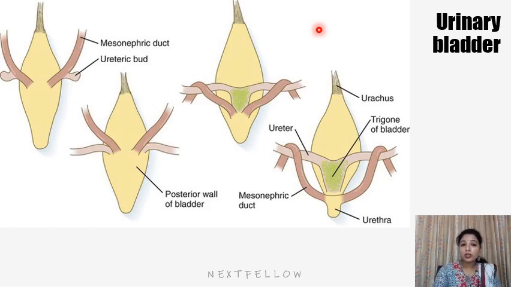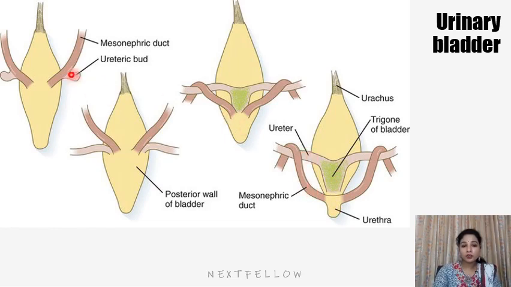The lower end of the mesonephric duct becomes incorporated in the posterior wall of the bladder, forming the internal trigone. You can see this part forms the internal trigone of the urinary bladder, which is the incorporated portion of the mesonephric duct. So the ureteric bud opens.